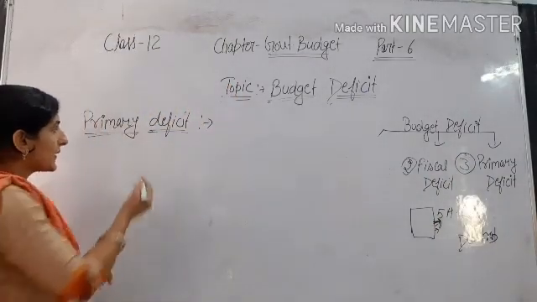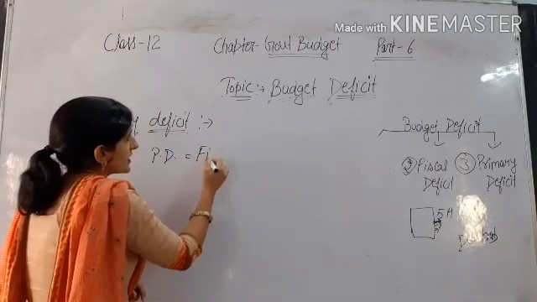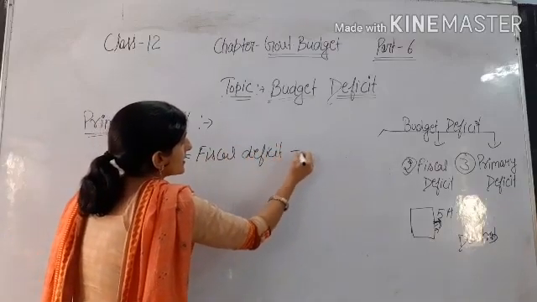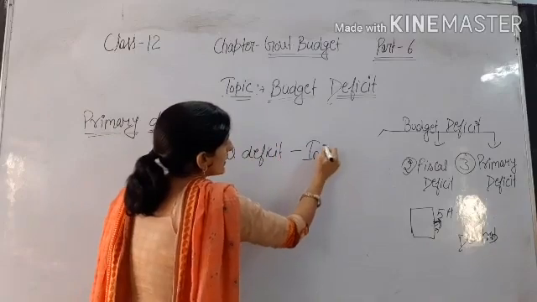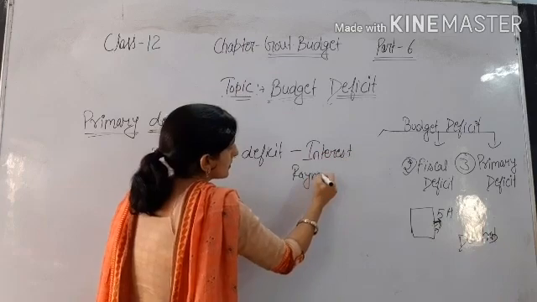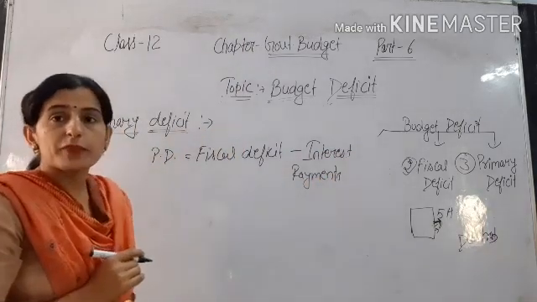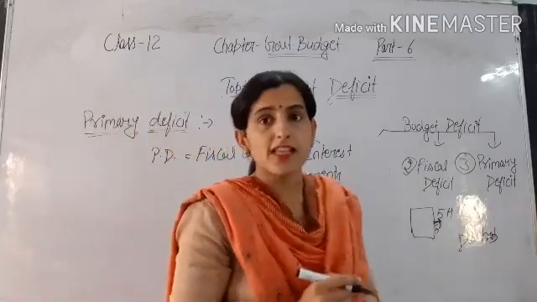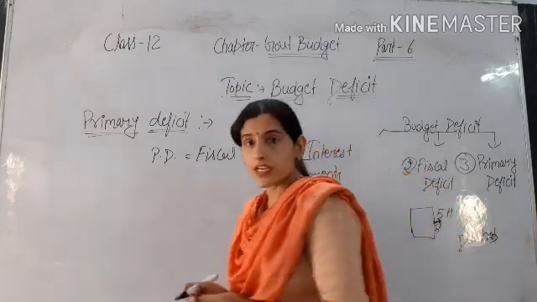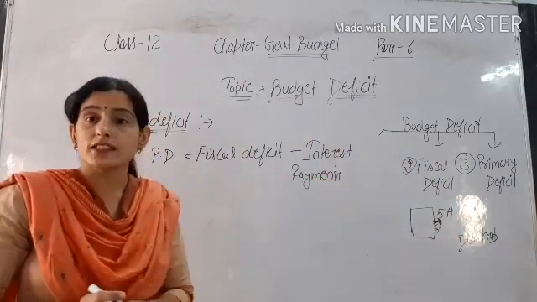Primary deficit is equal to fiscal deficit minus interest payments. The difference is that in fiscal deficit the interest payments are included, but in primary deficit interest payments are excluded.